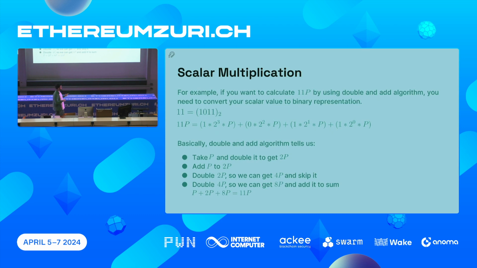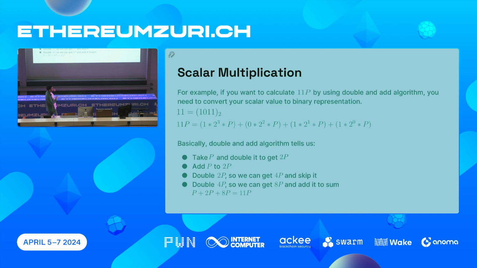And then you take your 2P and double it again, you will get 4P, but the next bit is 0, so we say no, don't add this. For the next one, you take your 4P and double it again, you will get 8P, and here we have 1, so you can add it to your 3P, and you will get 11P at the end.